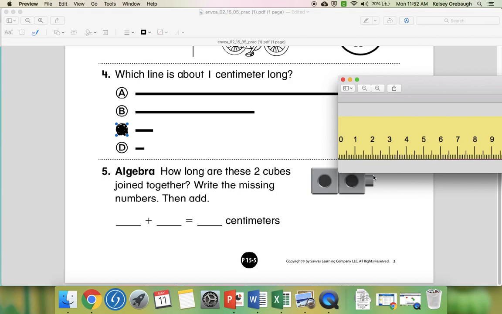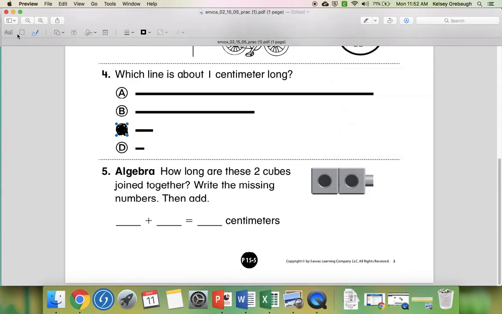If I fall on the ruler before the halfway mark, I go with the smaller number. Therefore, this cube is about 2 centimeters long. I am also going to assume that this cube is 2 centimeters long. I just cannot see the peg that is attached to the first cube.